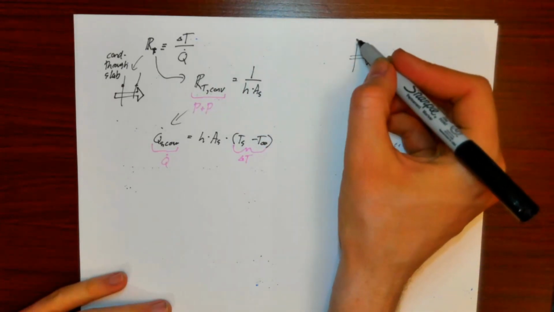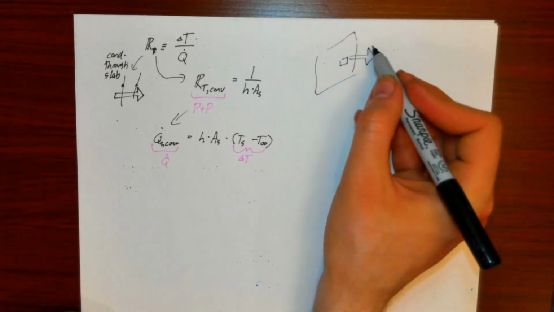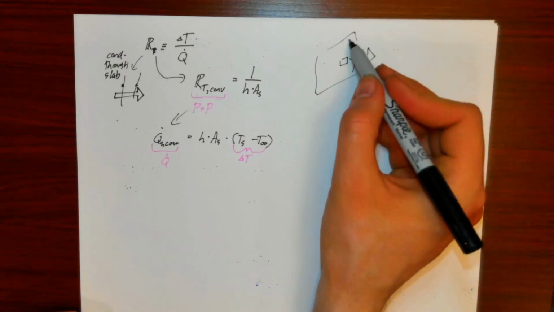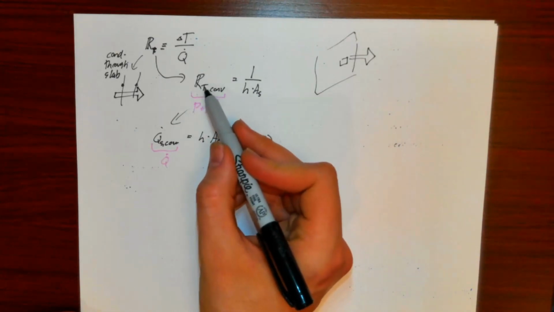Similarly, a large surface area has plenty of area for heat to convect off to the environment, plenty of contact between the surface and the fluid, so there's a low resistance. The higher the surface area, the lower the resistance.